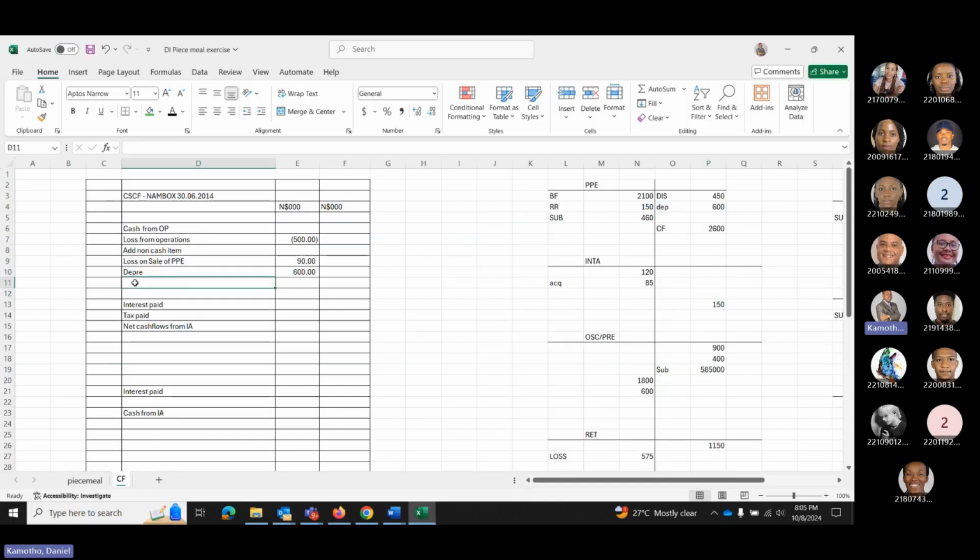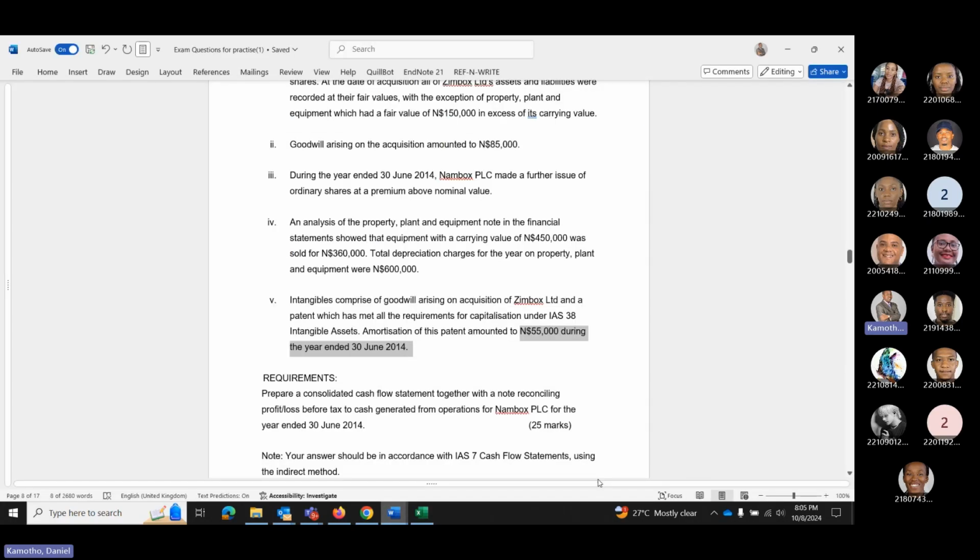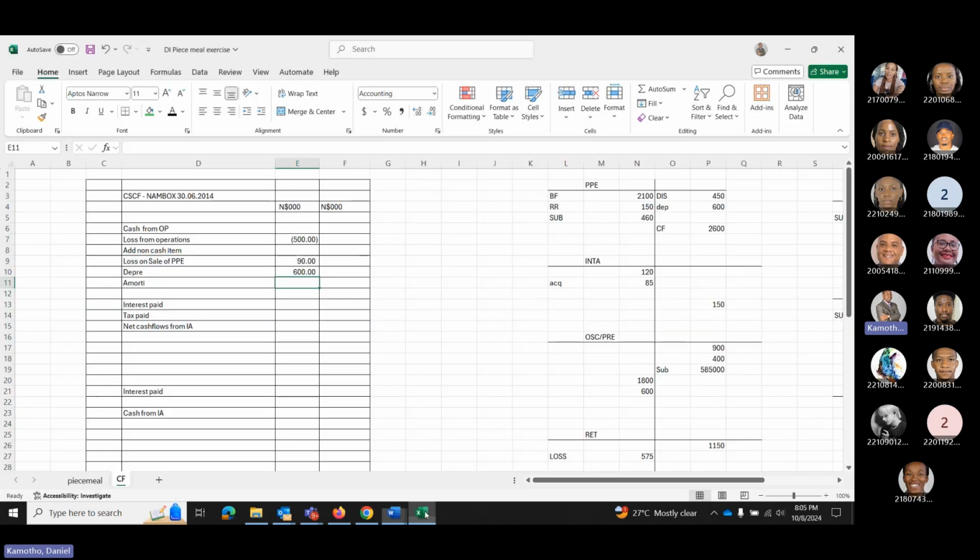So we have amortization as well, which is 55,000. We credit the amortization to the asset and charge our profit or loss. So I've recorded that. This is 55.